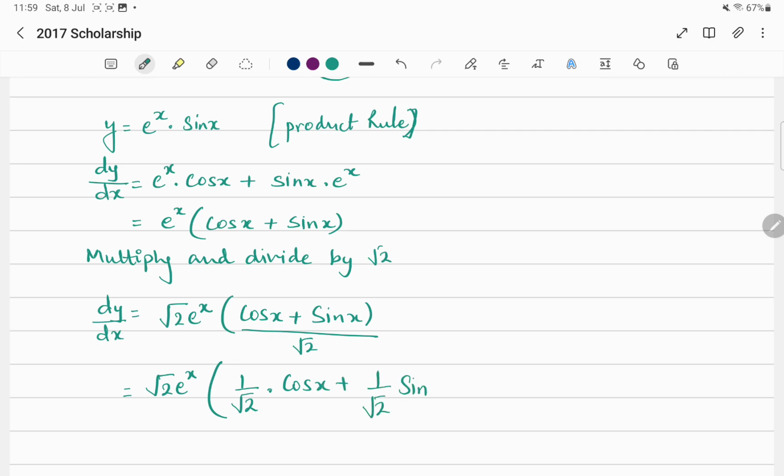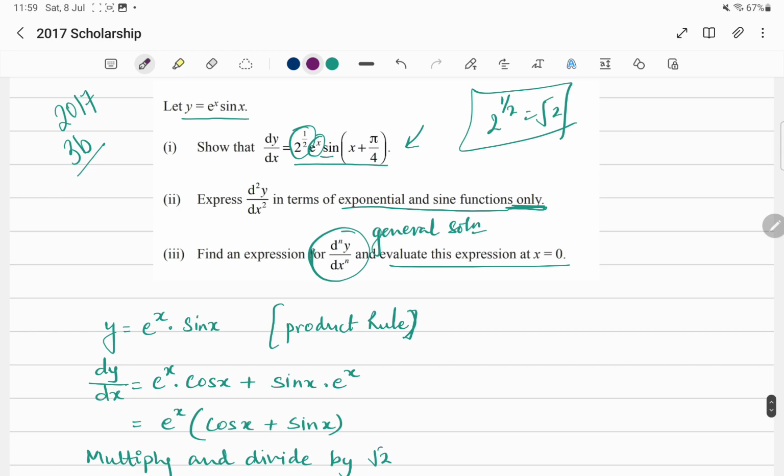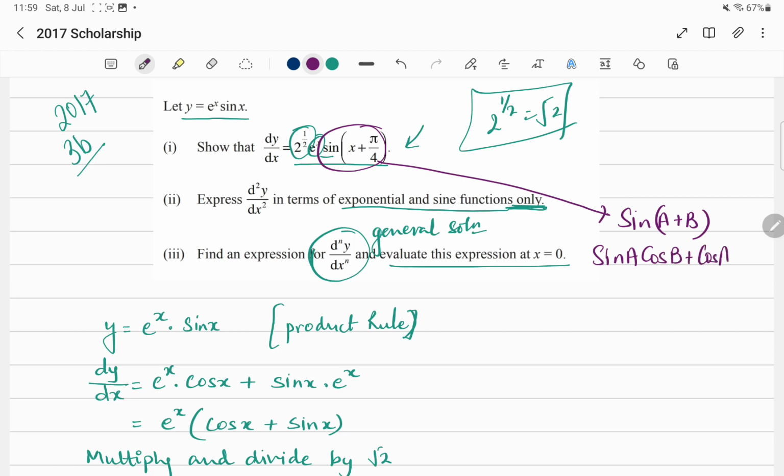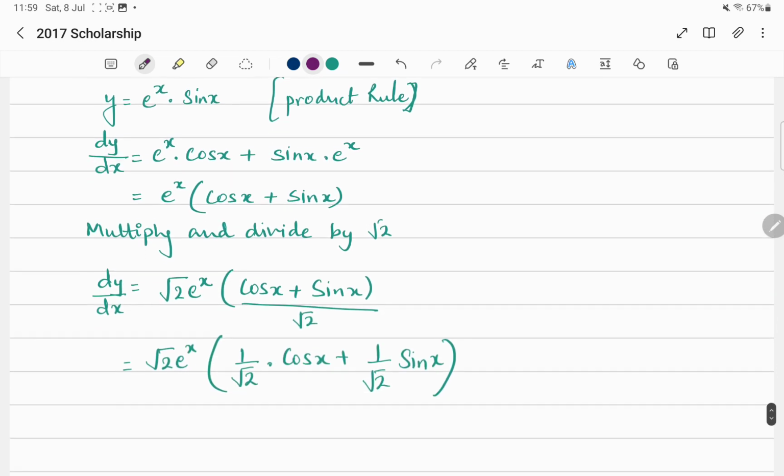Now if you are not sure, this thing is sine a plus b, and the formula for sine a plus b is sine a cos b plus cos a sine b, and we're going to use that formula here.